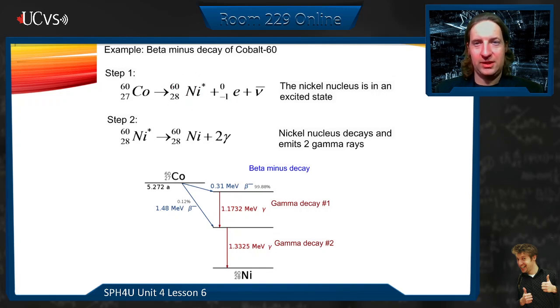The nucleons in there have to rearrange themselves from this excited state into a lower energy state, and when they do that, it gives off 2 gamma rays. These have energies of 1.2 and 1.3 mega electron volts, which is a way that we can measure energy from this higher state of nickel.